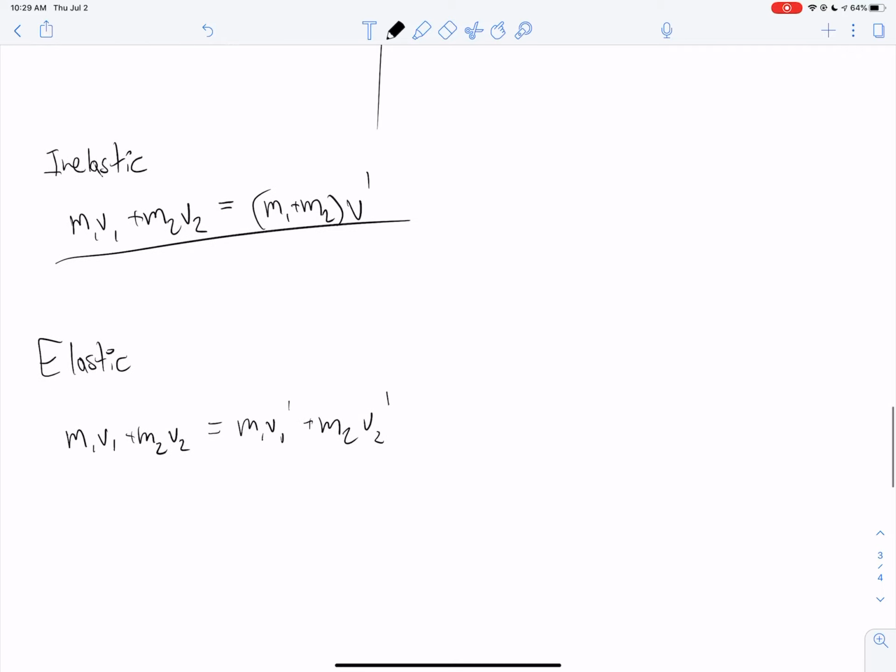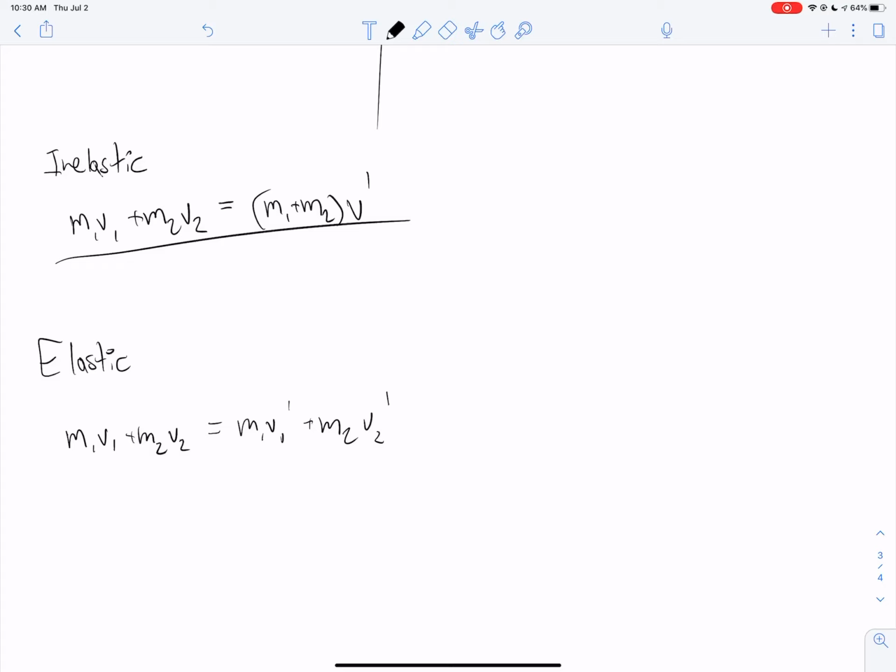Again, this just means that the two objects come together, they collide, and then they bounce apart, and their velocities have changed in such a way that they're not the same as when they first started, but their momentum is still conserved overall, meaning that the sum of the momentums from the beginning is equal to the sum of the momentums at the end.